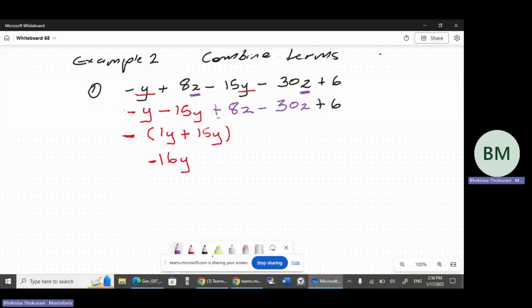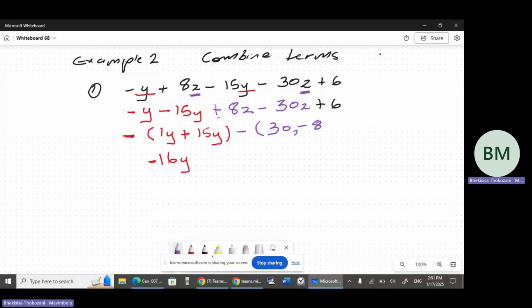And the bigger number between 8 and 30 is 30. And the sign of the bigger number is minus. So I'm going to say minus here, and then I'm going to put a bracket. Then I will take the bigger number and subtract the small number, 8.